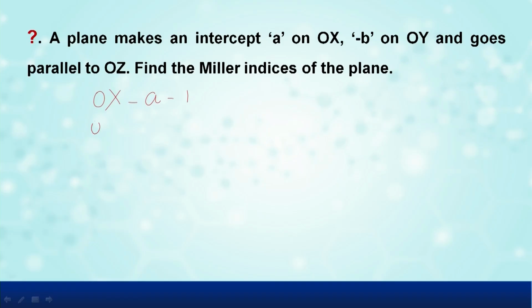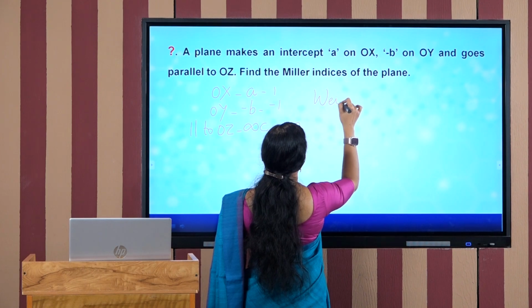Now, on OY, it is making an intercept of minus B, so the coefficient is minus 1, and it is given that it goes parallel to OZ. That means the coefficient of C is infinity. So, as a first step, we have to find the Weiss indices.